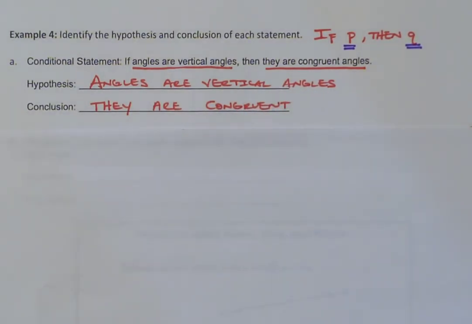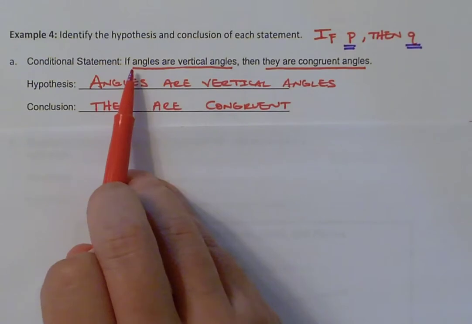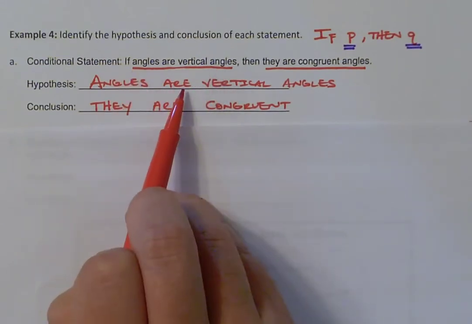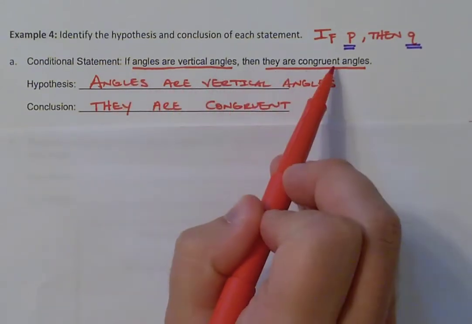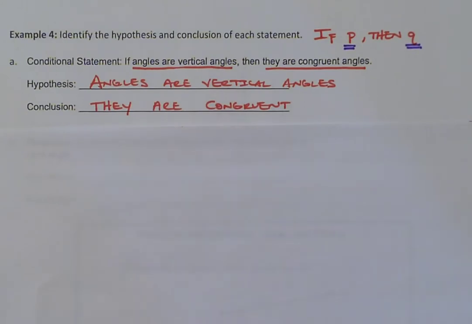Okay, you don't have to go through and prove whether or not this is a true statement. This is a true statement, but we're not worried about that. All this problem is asking us to do is identify the hypothesis and conclusion. Again, the statement after if is the hypothesis. The statement after then is the conclusion.